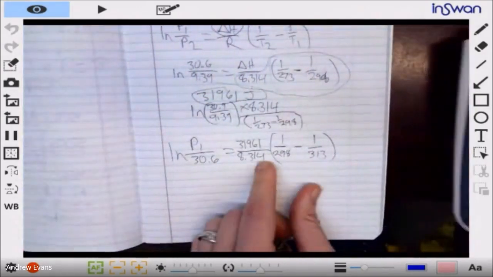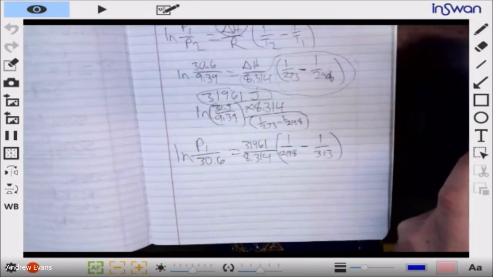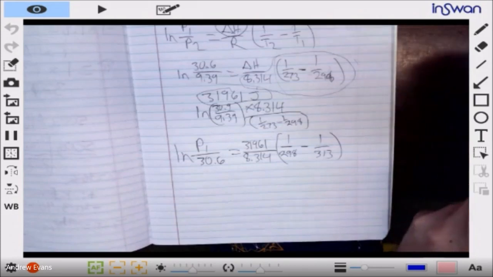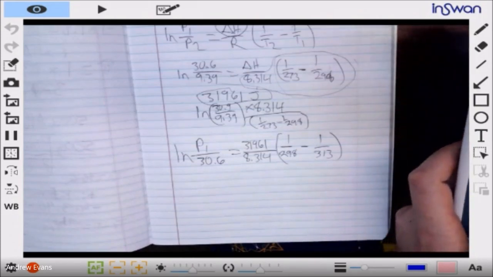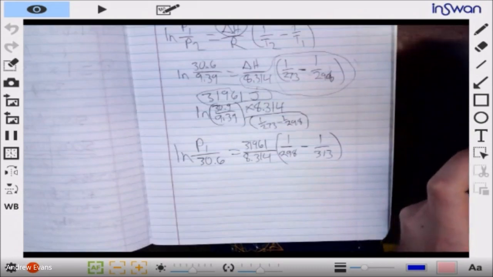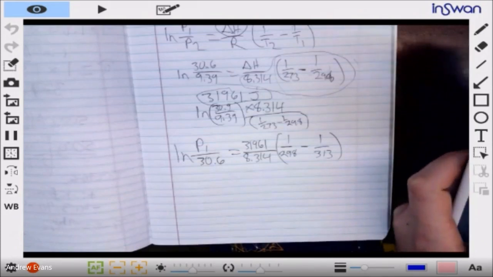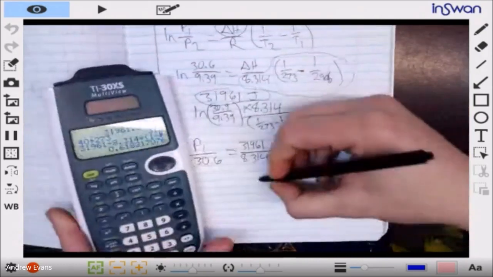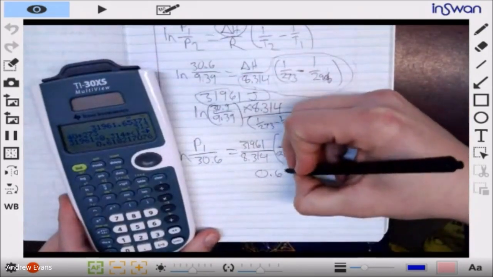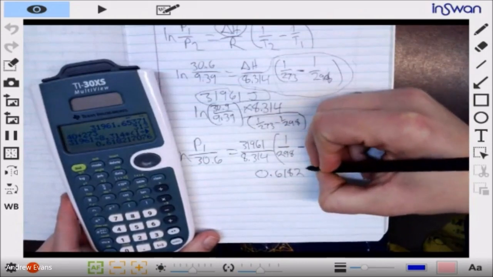So this time I need to fully evaluate this side before I take another step. 8.314 times 1 over 298 minus 1 over 313. And this whole side gives me 0.618 to, I'll say 217.